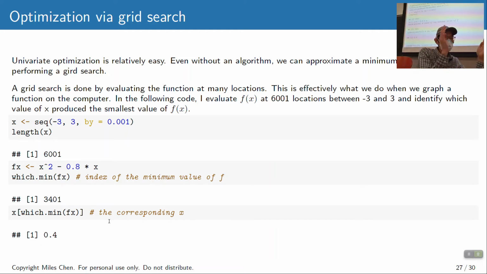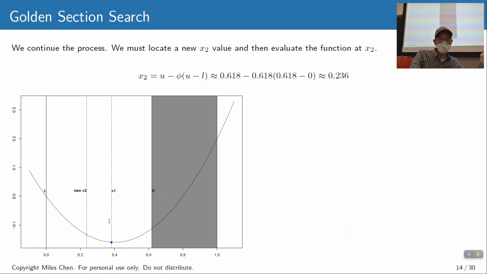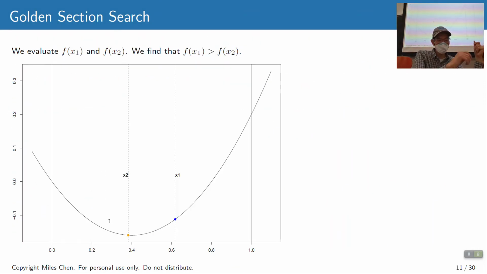Okay, a grid search is you just take the function and you evaluate it at a whole bunch of locations, and then you say which one is the smallest, right? And that's effectively what we do when we graph it, right? So the way we graph functions is we just evaluate the function from, say, 0 to 1 or -1 to 10 or whatever, and then evaluate the function at like 1,000 points, and then connect all of those points with the line, right?